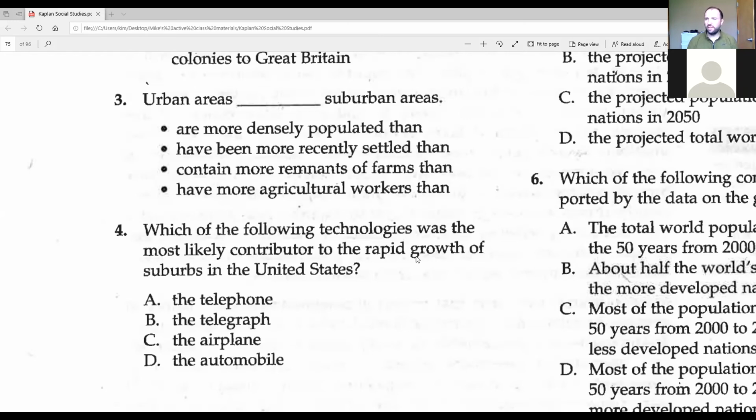But here, the one that makes the most sense is the reason suburbs became so popular was because all of a sudden everybody had what? An airplane? No, right? Everybody had a car. And you could live further away from the city and still drive into the city to work. So the right answer here is D, the automobile. Okay.